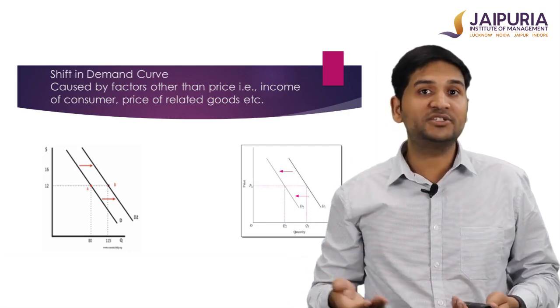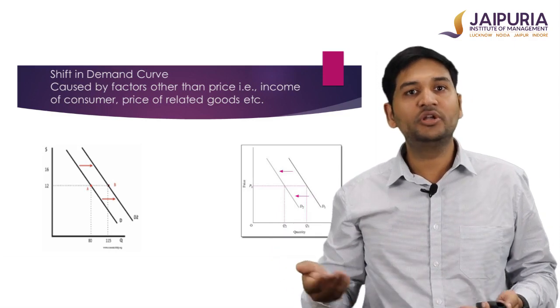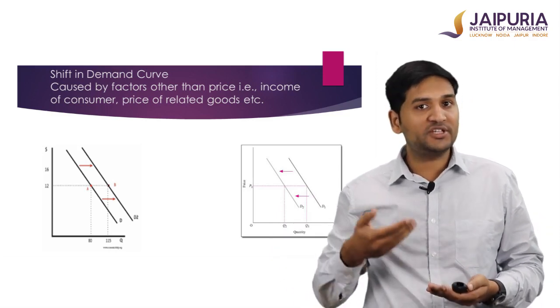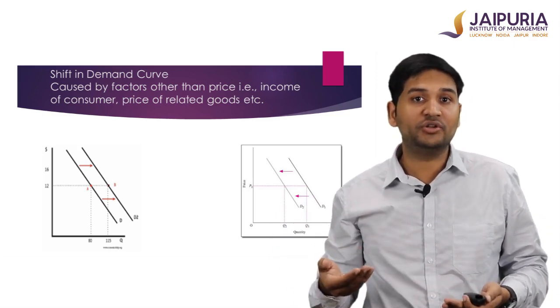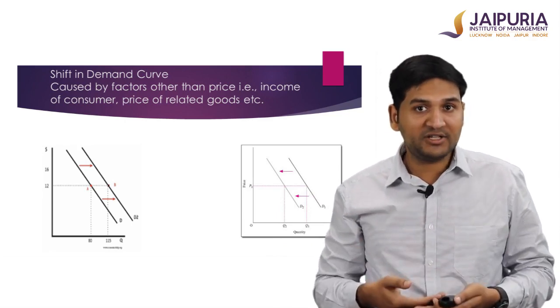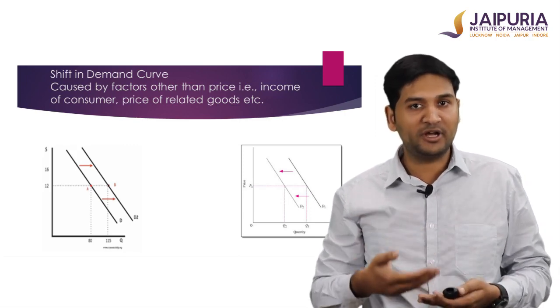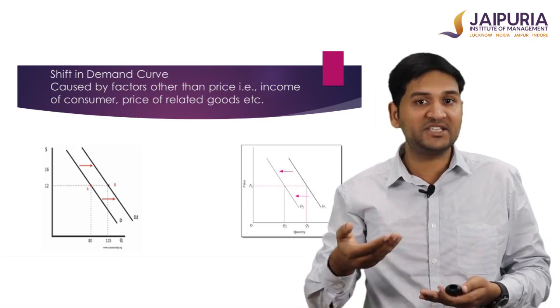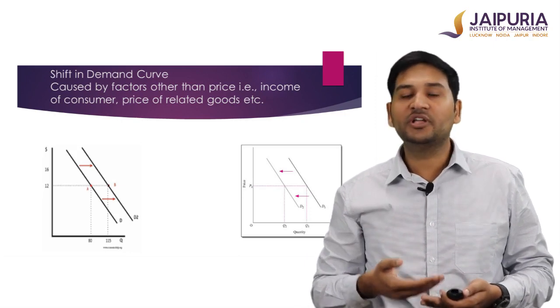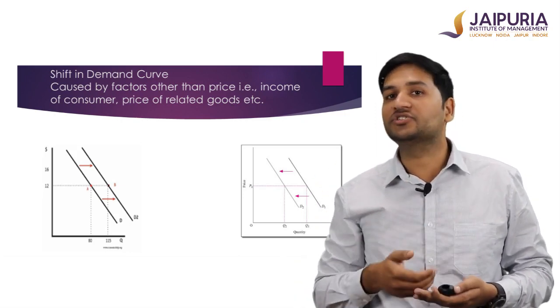So we have discussed demand, its meaning, quantity demanded, demand schedule, demand curve. Then we have discussed demand function, then law of demand, and then factors influencing demand, in which we found that the relationship with price is inverse in nature. That is, when price increases, then quantity demanded decreases.